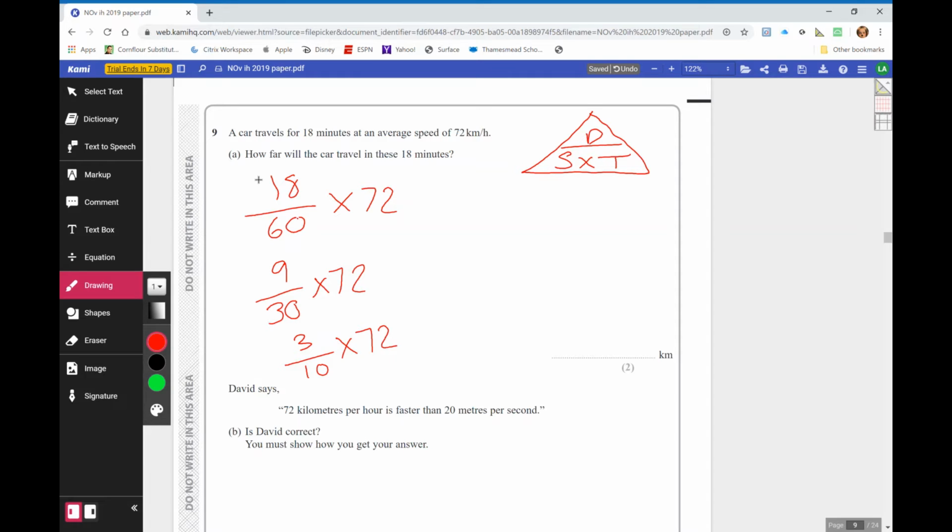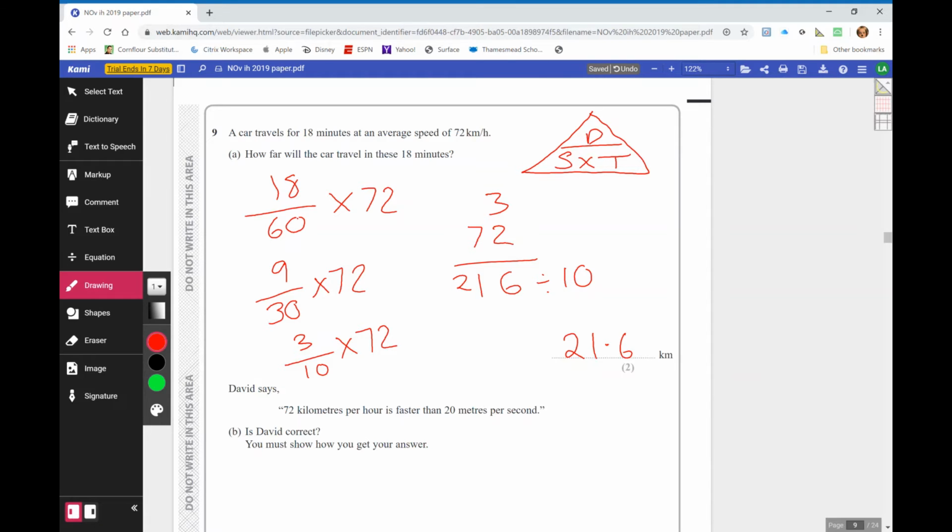So 3 times 72, 2 times 3, 6, 3 times 7, 21, so 216. And then divide that by 10, so 21.6 kilometres.